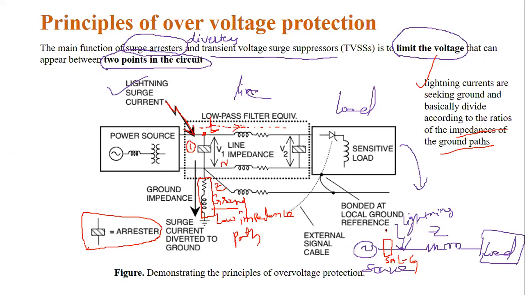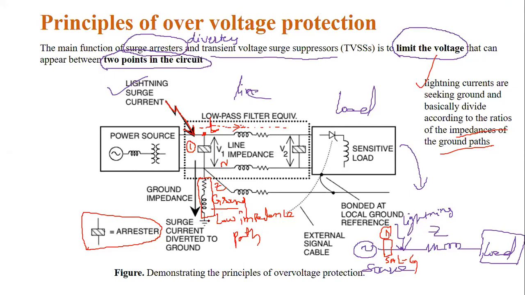So this is the first one, the surge arrestor in the substation. We are placing this in the substation. Looking at this, the surge arrestor is connected between the line and the ground.